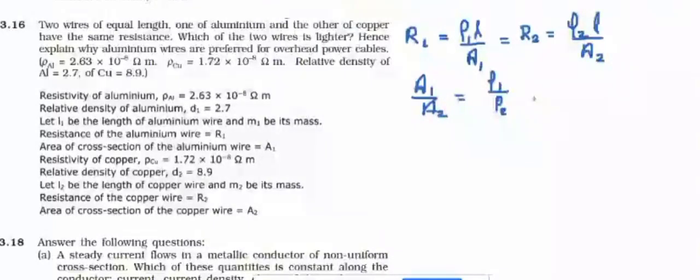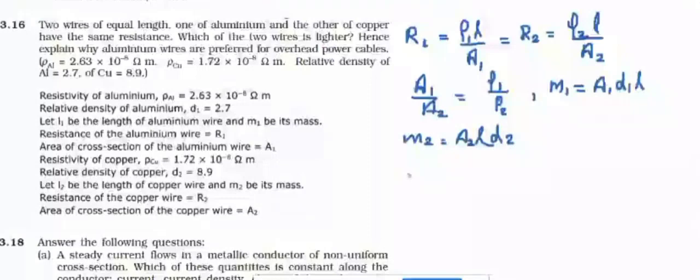Now next, mass we can calculate using the formula M1 is equal to A1 L into density. I am going to take density here as D1 to avoid confusion. And M2 is equal to A2 L into density D2. Now we can take the ratio M1 by M2.